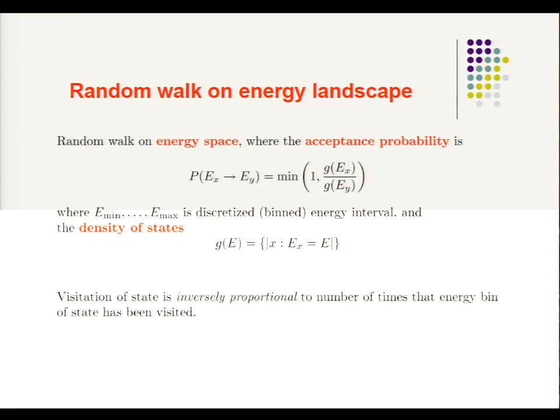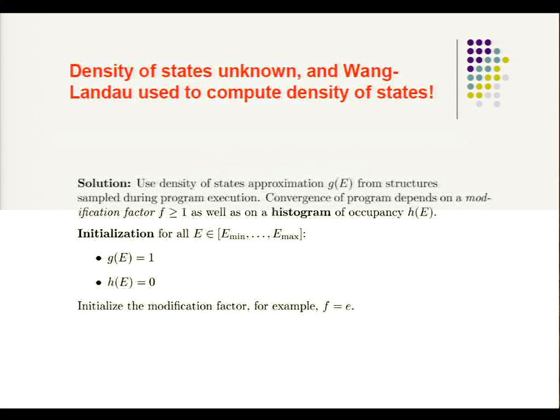And for the states, the energy is a fixed discretized energy band. The Wang-Landau algorithm is used to compute the density of states. In fact, we need the density of states for it to be computed.